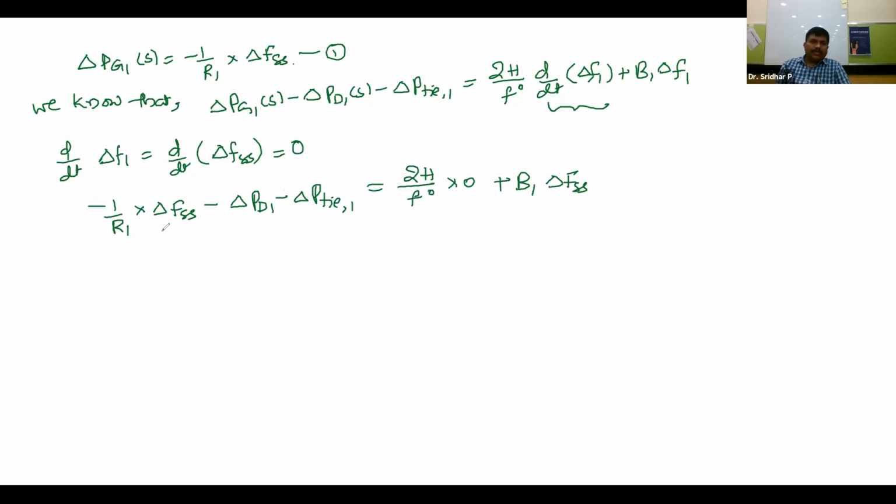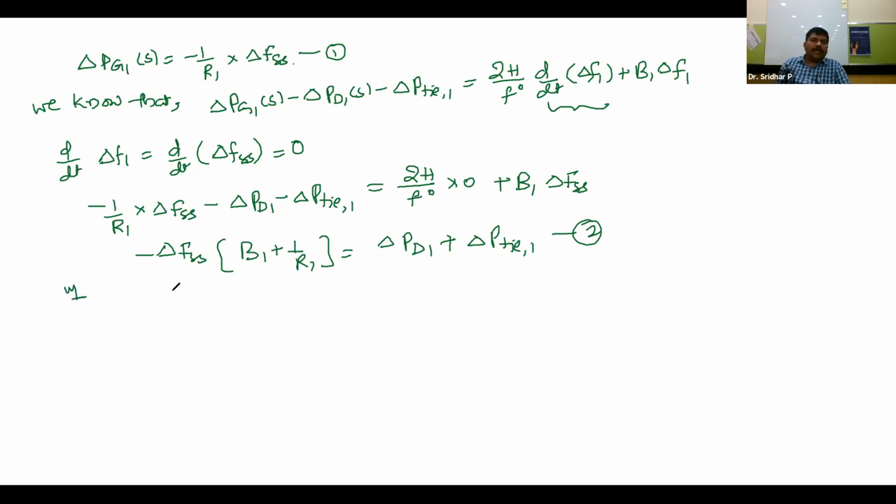From this whole equation, delta f ss we can take as common. Bringing it to the left side, this is b1 plus 1 by r1 equals delta pd1 plus delta p ti 1. Say this is equation 2.